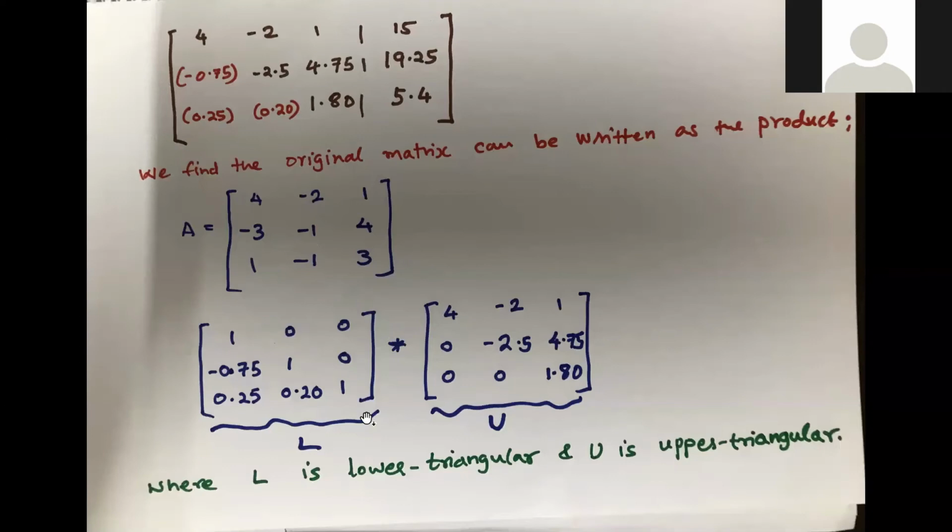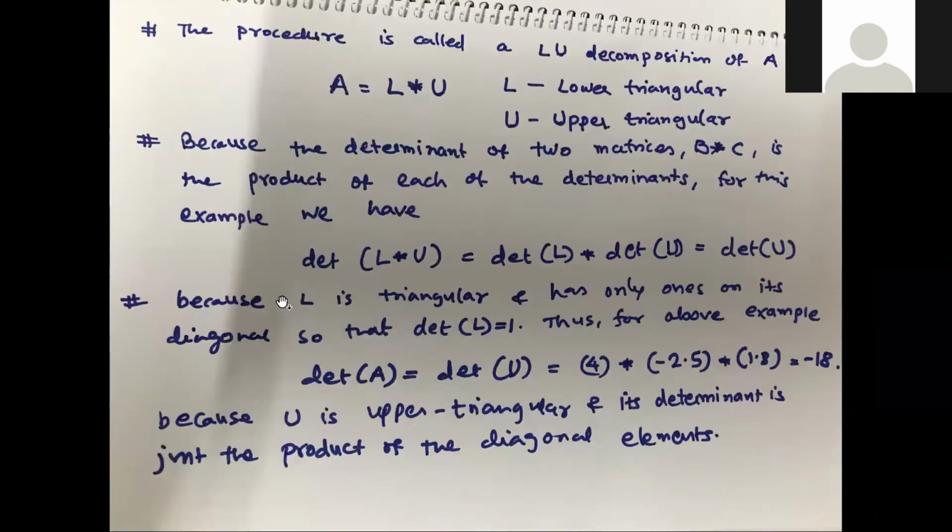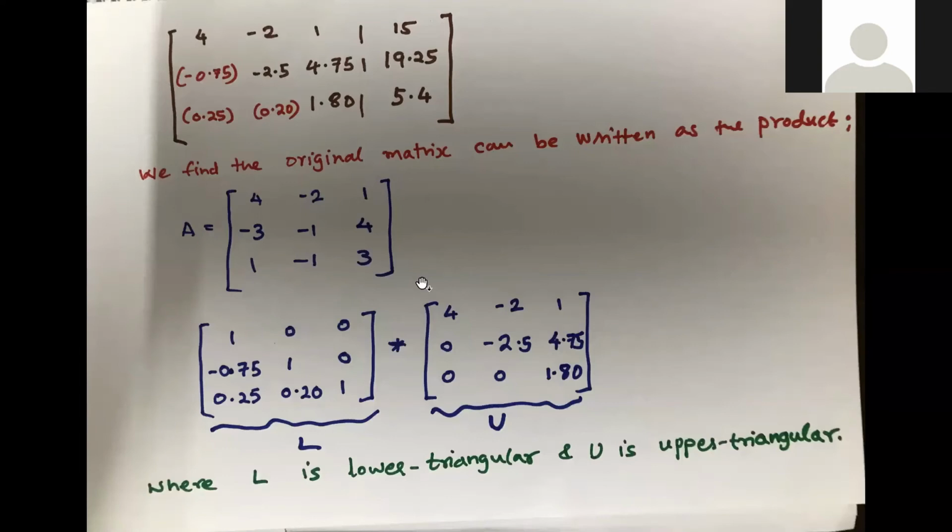So what is lower triangle? It is this kind of matrix, making the diagonal as unity, replacing these coefficients just like here, and making the upper diagonal 0. This procedure of decomposing two matrices from the single A matrix is called LU decomposition.